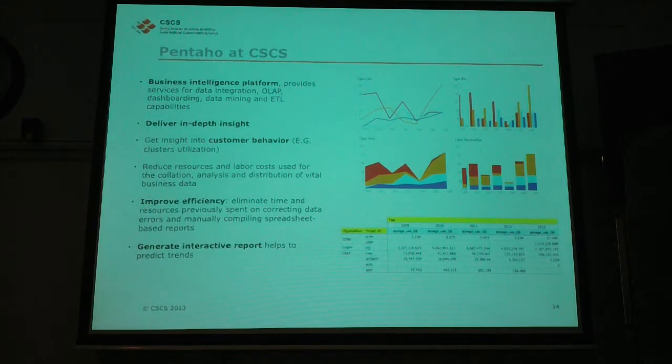For instance, create reports about job size, job utilization. In the future, we can add power consumption if we get the data, and we are working on it at the moment.